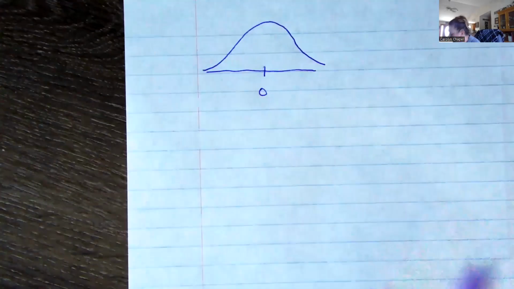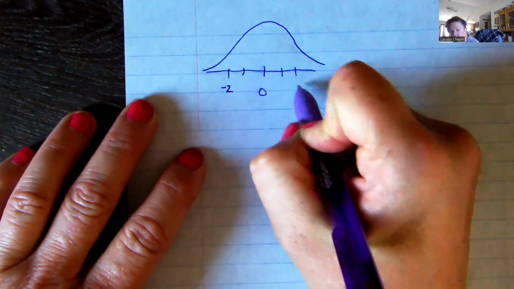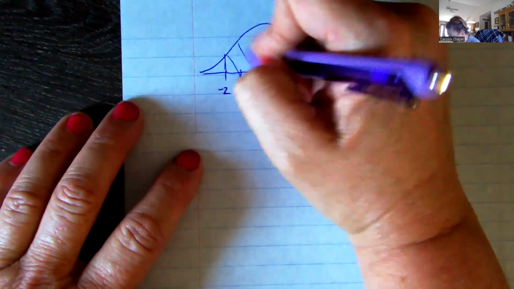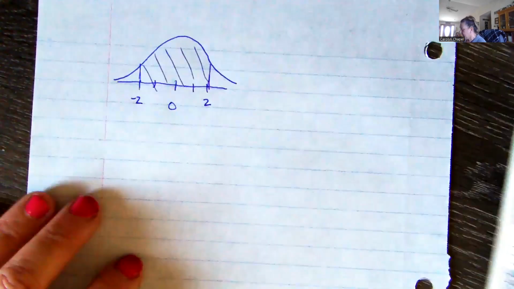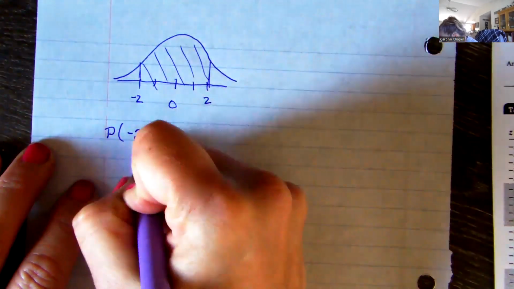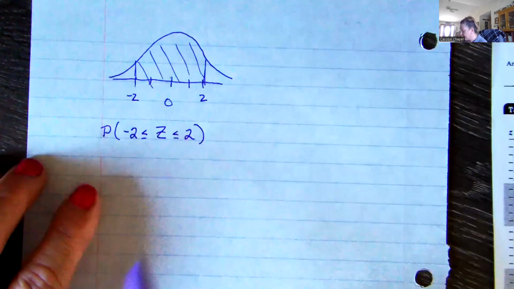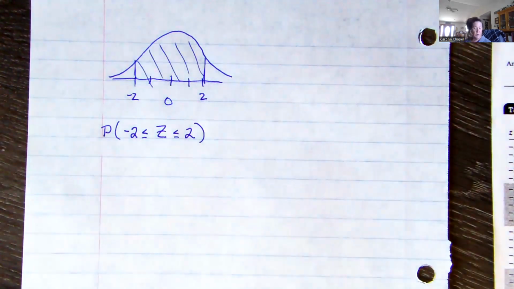And we're going to go between -2 and +2. So we should get 95%, right? According to our empirical rule. So I'm trying to find the probability that we are between -2 and +2. And whether I include those values or not at 2 and -2 will not make a difference.